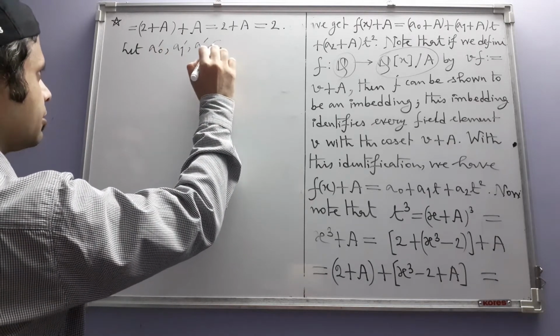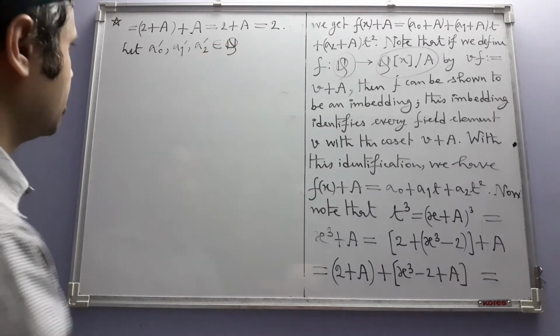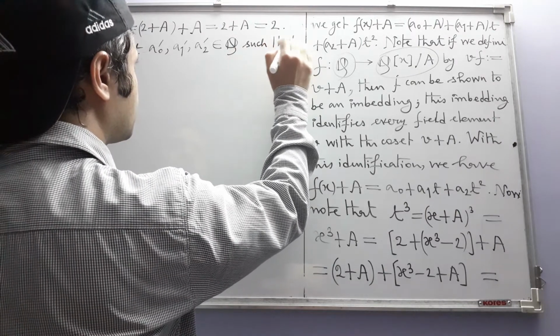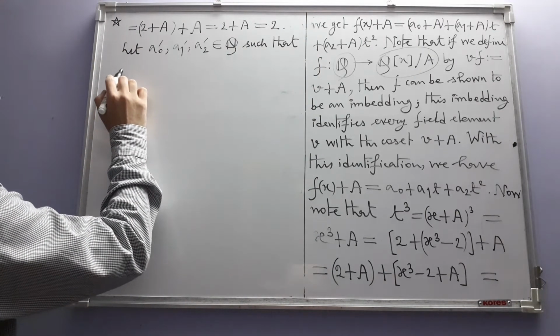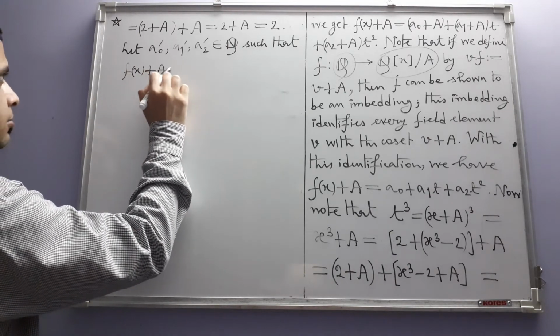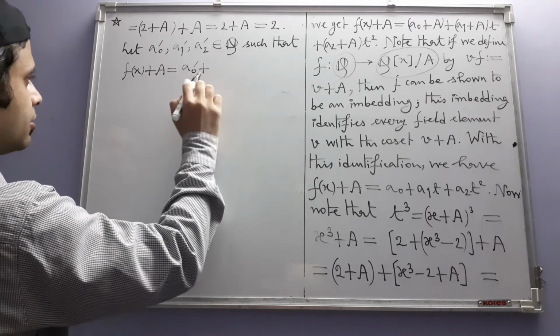Let us suppose that we have found more rational numbers such that the same element also has another expression that looks like this.